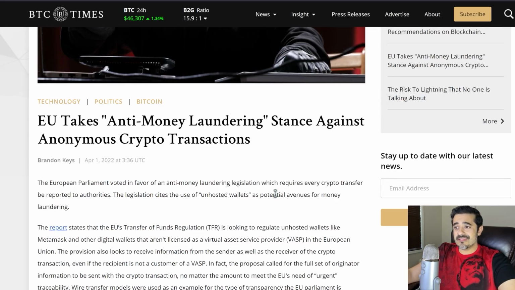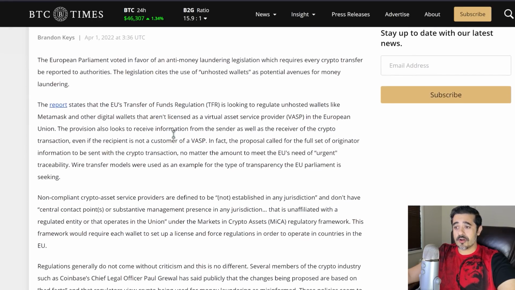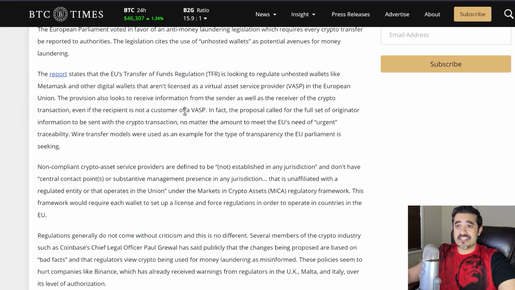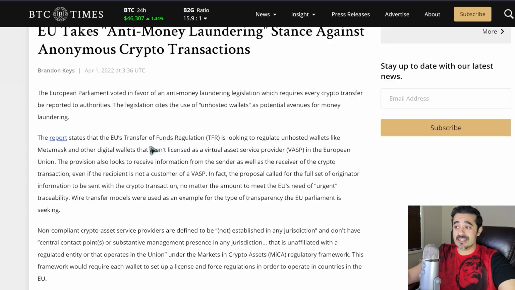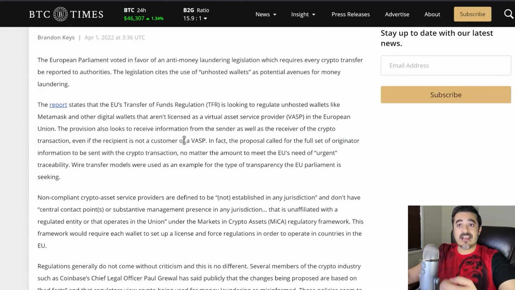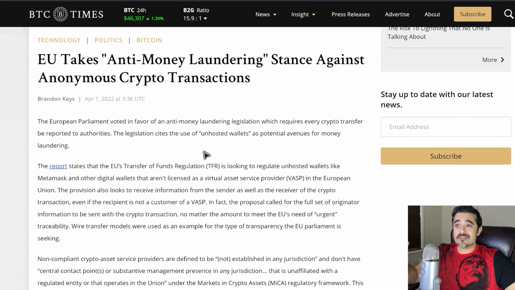Well, to be honest with you, I need to look into this a little bit more. I need to see, is this every transaction, or is it a transaction over a certain amount of money? That's a good question, and I really haven't dug into this far enough to see how detailed they've gone about this. But if every crypto transfer has to be reported to authorities, you're talking about pennies in some transactions that are just transaction fees or due to smart contracts.